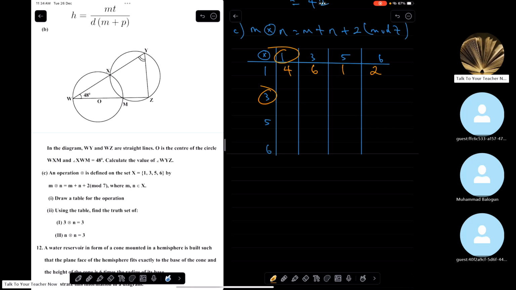So what's 3 plus 1 plus 2? 3 circle times 1 is 3 plus 1 plus 2 mod 7. That's 6, because it's not up to 7.